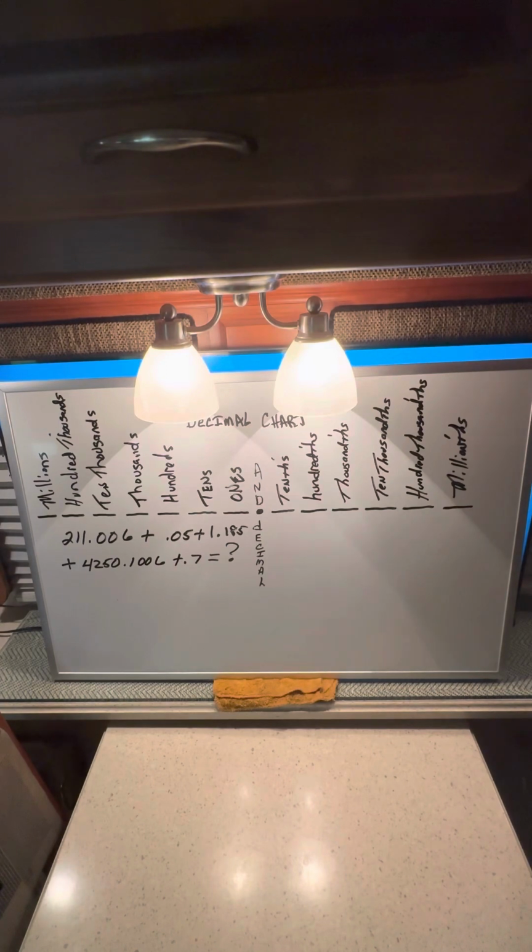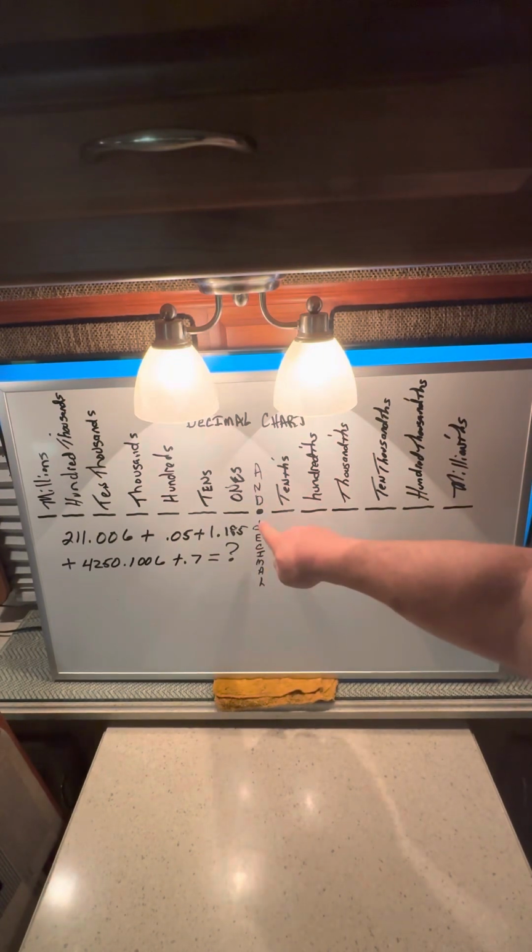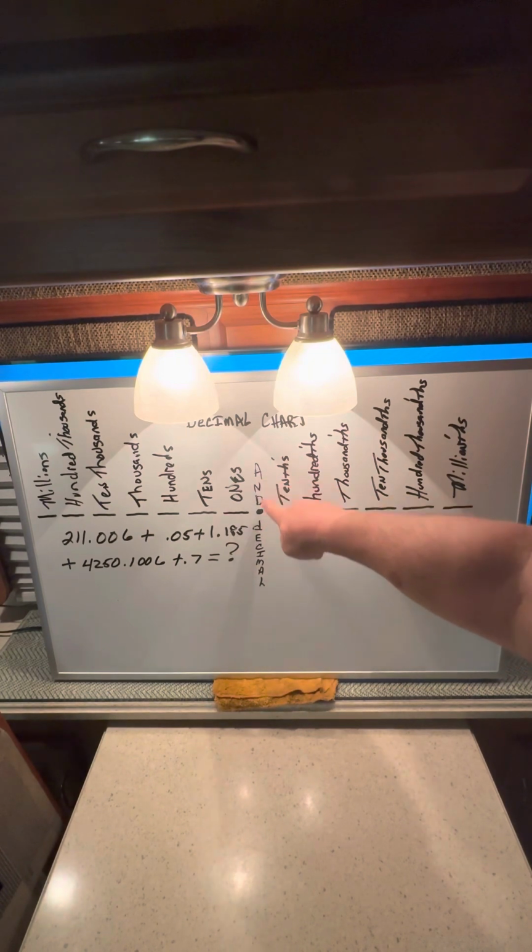So what you're looking at right there is a decimal chart. You should screenshot that because it's all around that. See right here in the middle where it says decimal? Well, the decimal right here has another name for itself, and it's called "and."